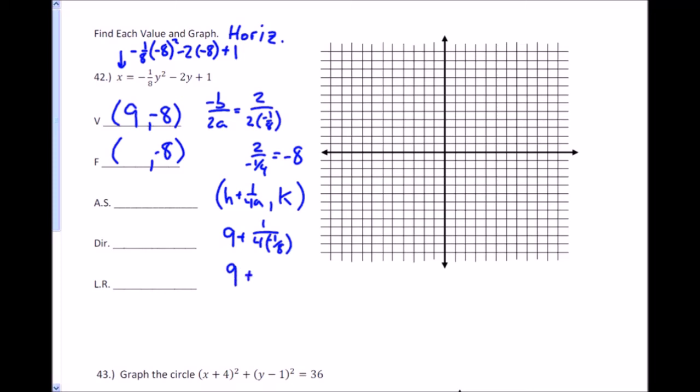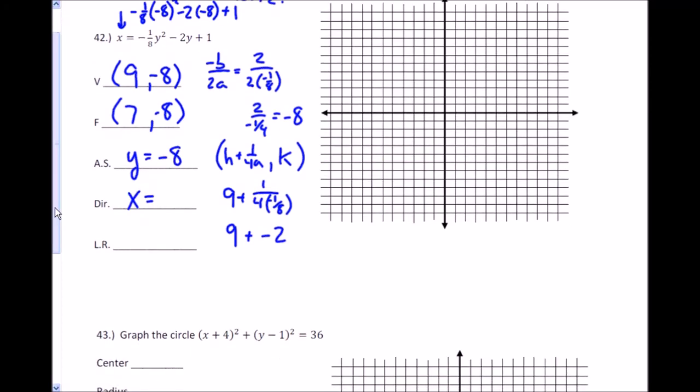That's 9 plus a negative 2, which is a positive 7. The axis of symmetry this time is y equals the y value from the vertex. The directrix is going to be x equals h minus 1 over 4a. Well, it's a good thing I've done most of this already. It's 9 minus a negative 2, plus a positive, that's an 11.